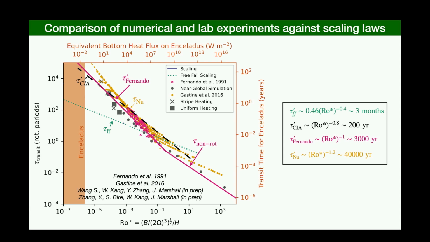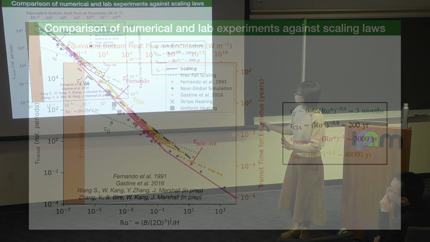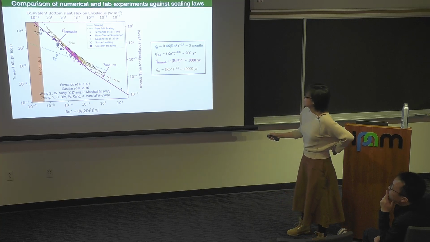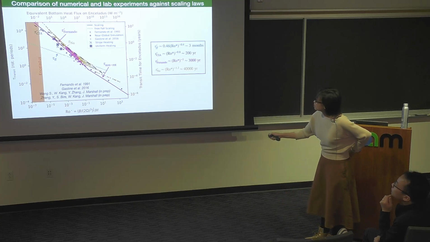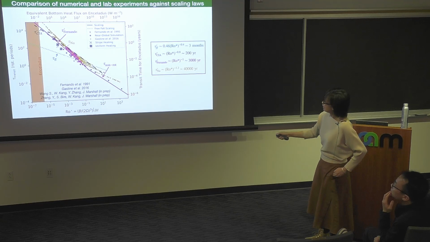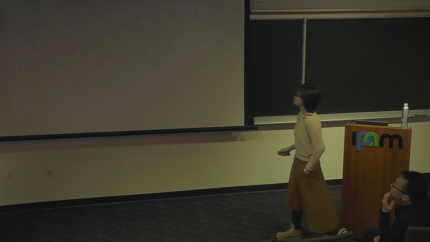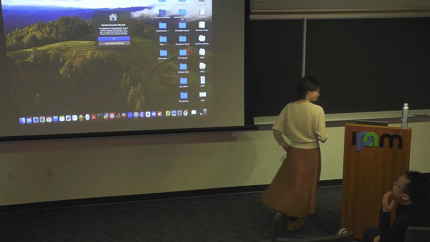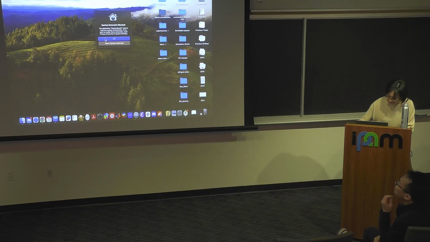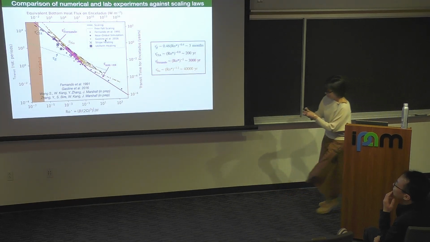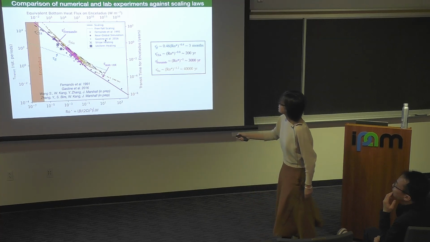So we throw all the simulations that we have done in the past into this diagram. And they all seem to align very well, more or less along the same slope.